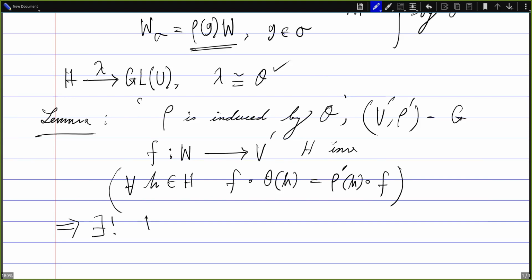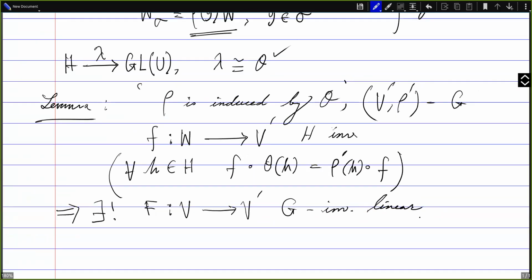So there exists F from V to V prime, which is G invariant linear, and which extends f, that is F of w is f of w for every w in W. Okay.